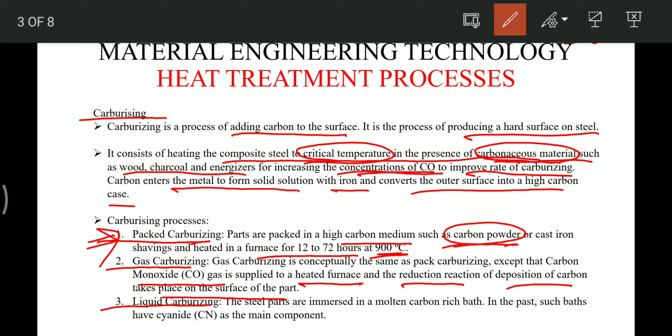In liquid carburizing, the steel parts are immersed in a molten carbon rich bath, whose main component is cyanide. So these are the three ways by which carburization is carried out to harden the surface of steel parts.